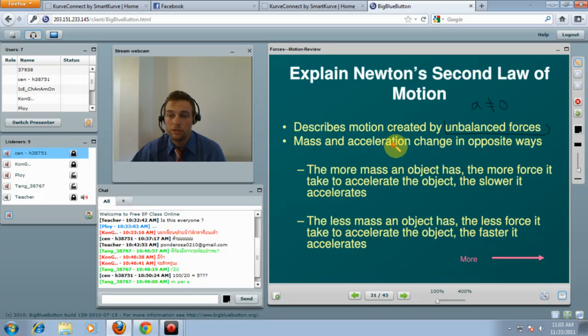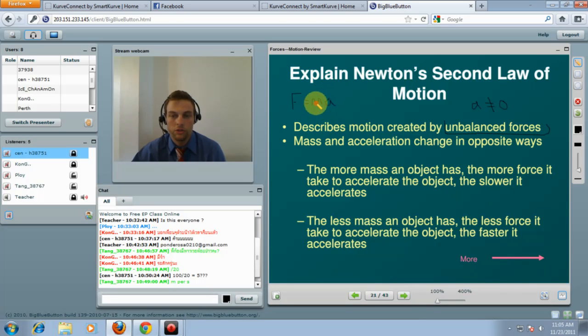Mass and acceleration change in opposite ways. The more mass an object has, the more force it will take to accelerate the object, the slower it accelerates. So we have this equation, a famous equation used all the time. It's called force equals mass times acceleration.